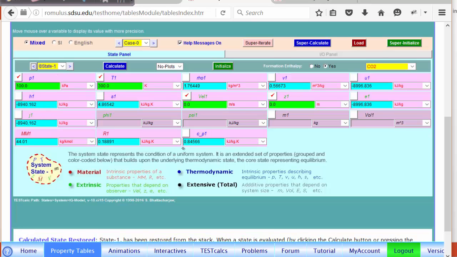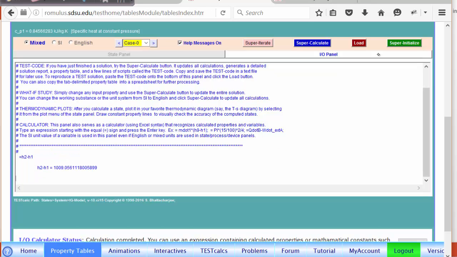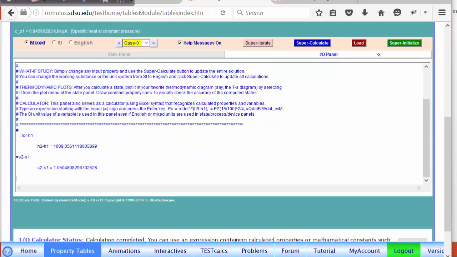Go back to state 1, 0.84, quite a bit. So we can come back and verify. The verification answer will be on the IO panel, H2 minus H1 and S2 minus S1. The answers obviously match what we did, so we did it correctly.